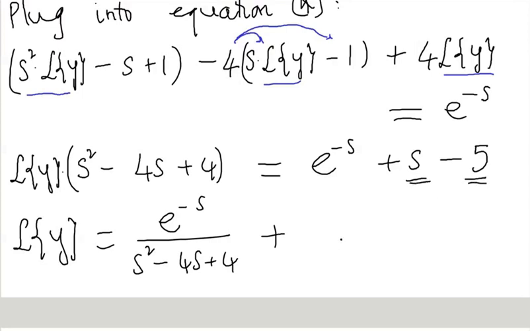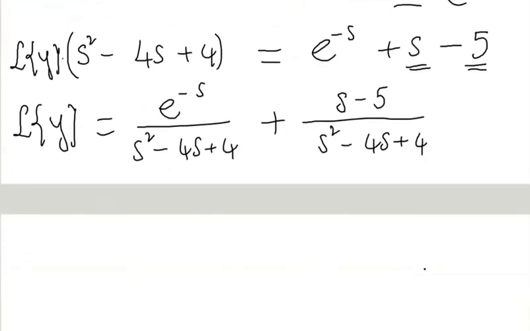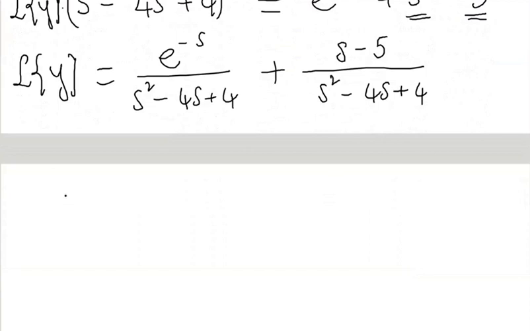Because they don't have e to the minus s. So we write s minus 5 divided by s squared minus 4s plus 4. And our problem now is to determine the inverse Laplace transform.